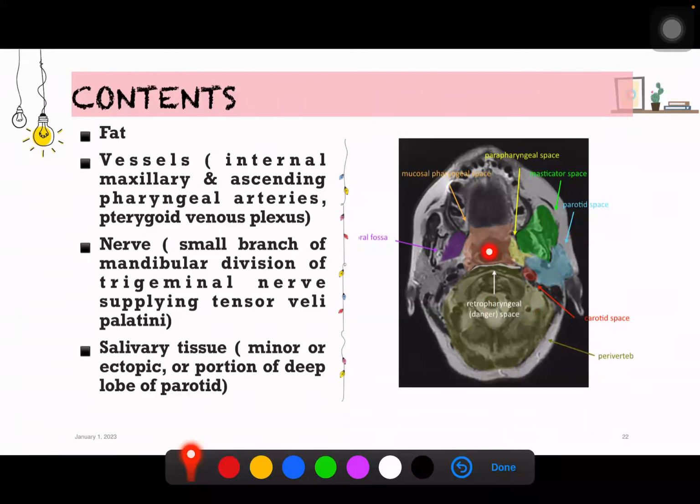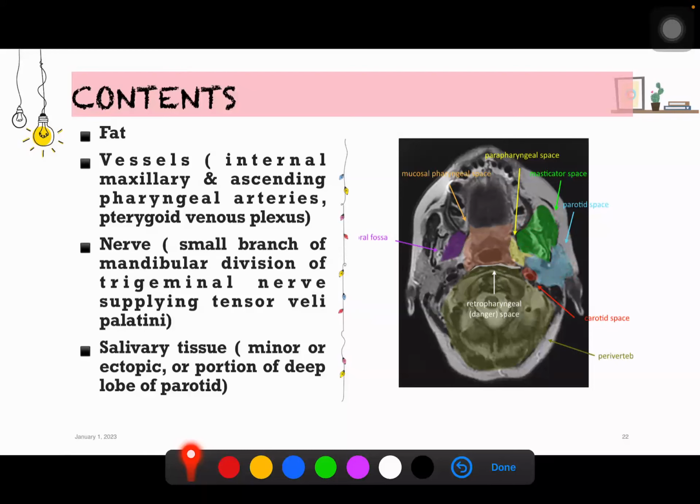Medially it has the nasopharynx or pharyngeal mucosal space. Posteriorly it has the retropharyngeal space and the carotid space, being separated from the carotid space by the styloid process and its muscles. Anterolaterally it has the masticator space. Laterally it has the parotid space.